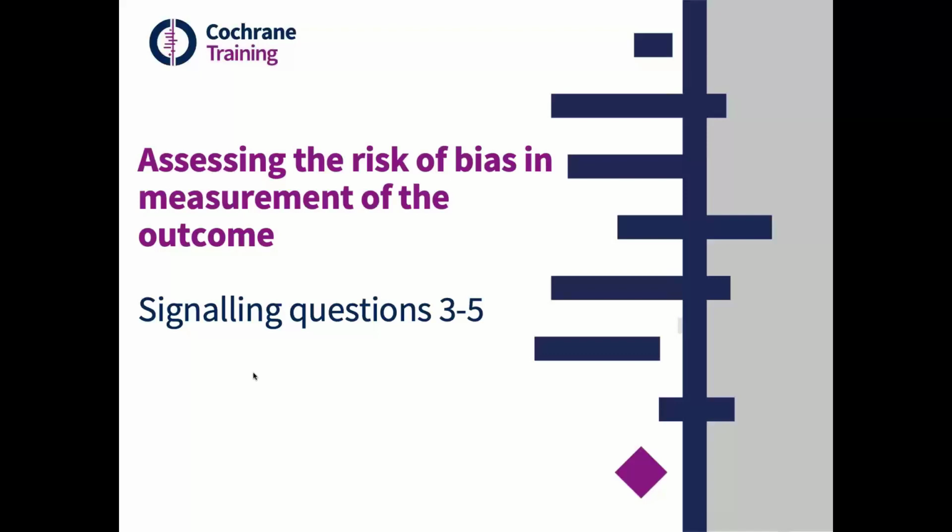Yeah, brilliant. We have one question from Ruth, and that was around signaling question 4.1. She says, poor validity of the methods. Does this overlap with indirectness in GRADE assessments? I don't think it overlaps with indirectness in GRADE assessment. That would be my answer.